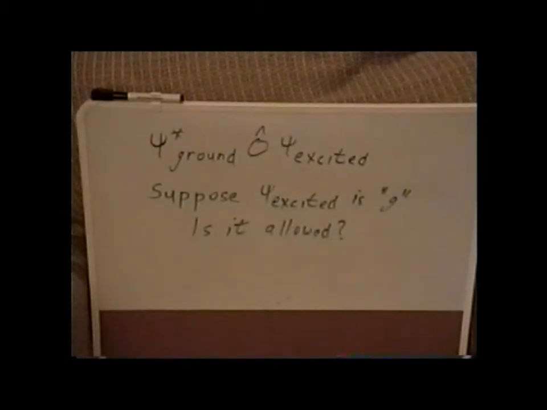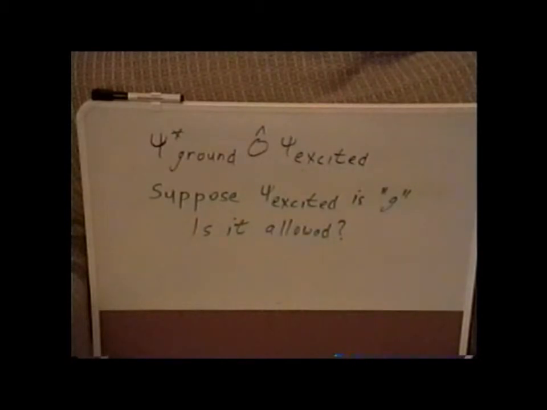We are ready to do our first example. Let's suppose that we have an excited state that is gerade, and we want to see if a transition from the ground state to that particular excited state is allowed in IR. So let's try IR first.